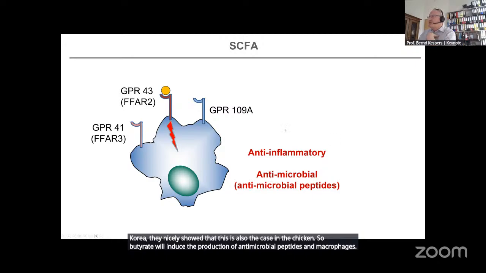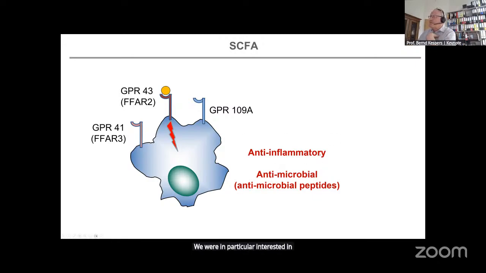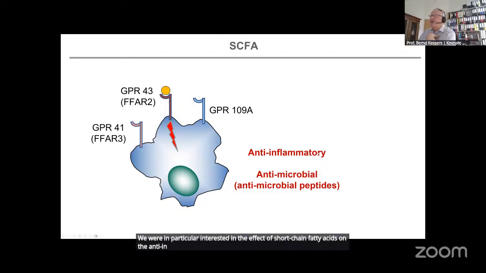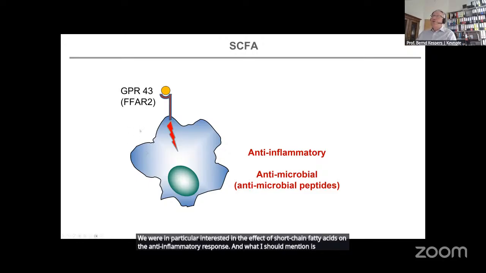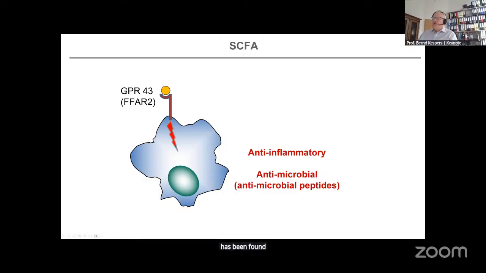We were in particular interested in the effect of short chain fatty acids on the anti-inflammatory response. And what I should mention is that up to now, in the chicken genome, only one of those receptors has been found, which is the ortholog of GPR43, or the free fatty acid receptor number 2.